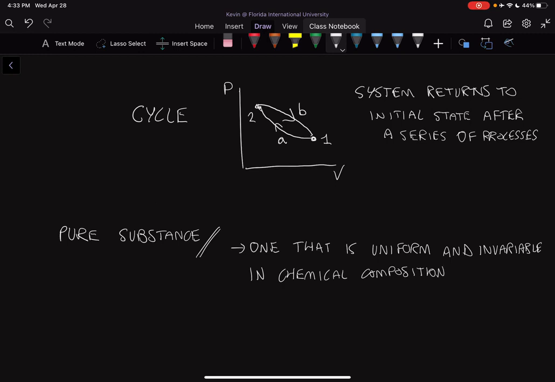And we can also say that it can exist in more than one phase. If you remember what the phases are, it can exist, for example, as vapor, as liquid, or as solid, all at once. So it can exist in more than one phase at once.